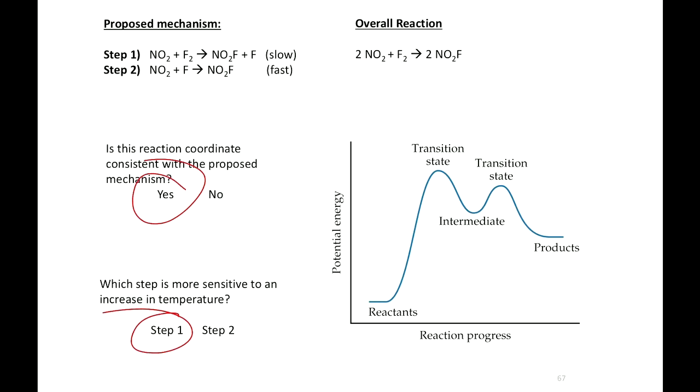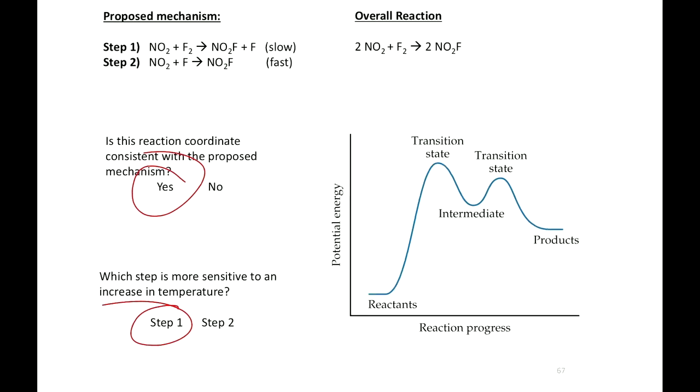Would K go up if you heated up a reaction where the second step was slow? Yes, remember, because temperature always increases K. You would still see a difference overall.